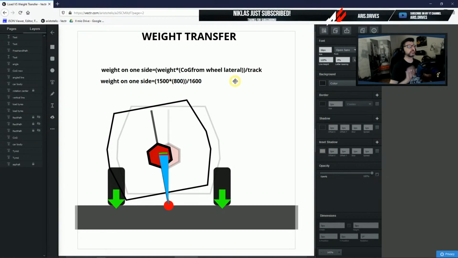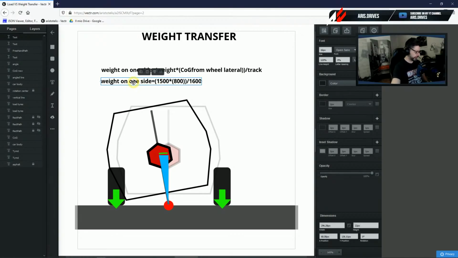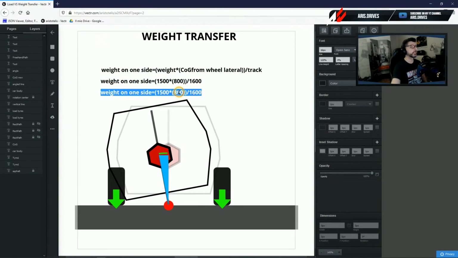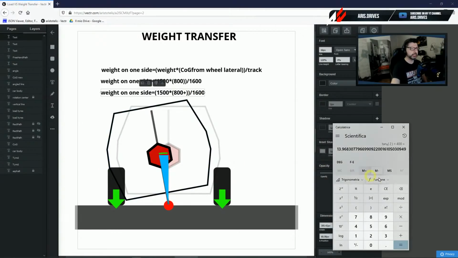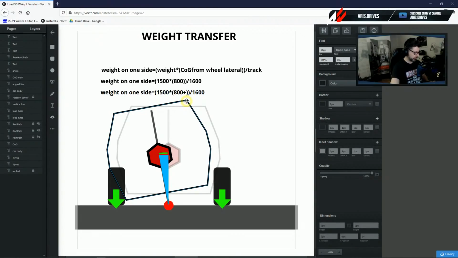This is normally when the center of gravity is in the middle. But we said that this is no longer the case, because we have 800 plus what we had here, 14 millimeters extra.